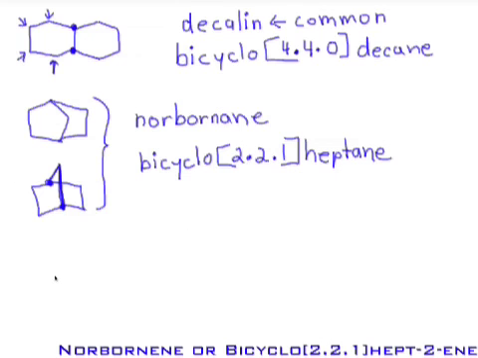What if there was a double bond? Here. The common name for this molecule is Norbornene.